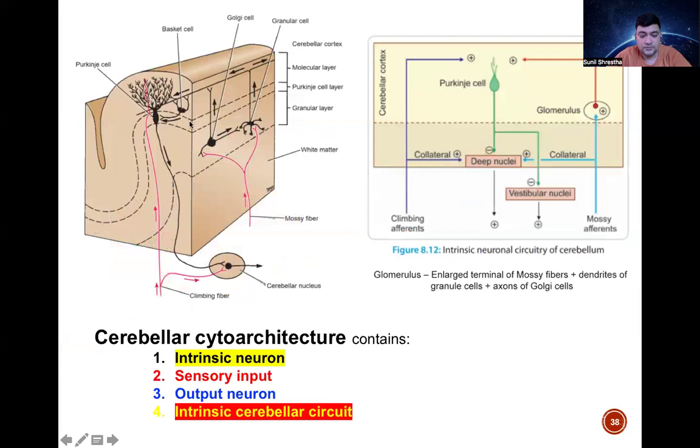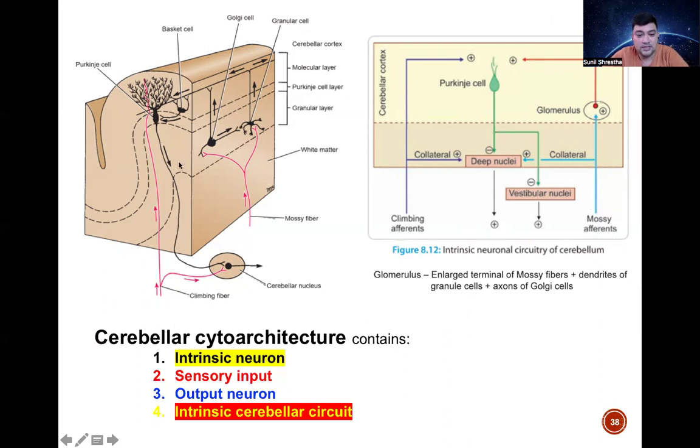Now, the cerebellar cytoarchitecture. We can study the cerebellar cytoarchitecture on the basis of four things. If you get confused with this photograph, we can even use a simple circuit, the same thing; these are two equivalent diagrams in a very simple way.